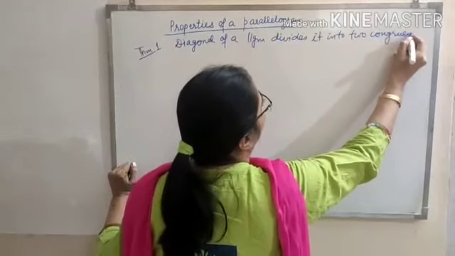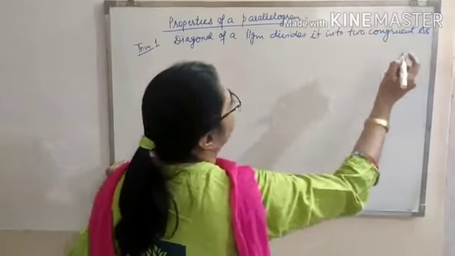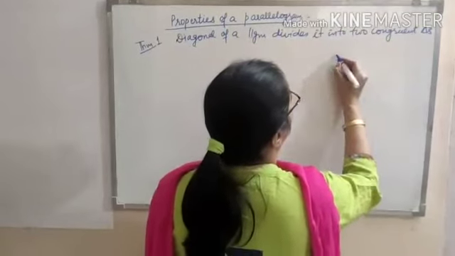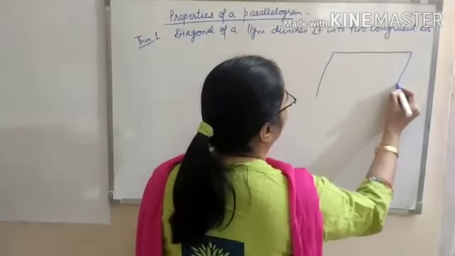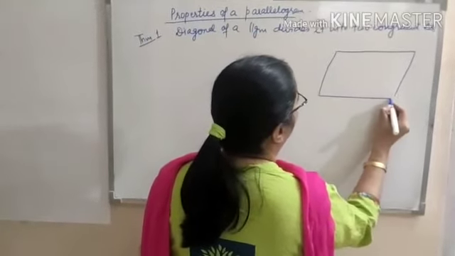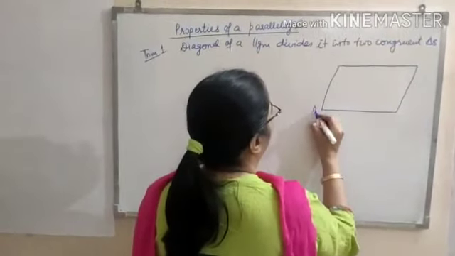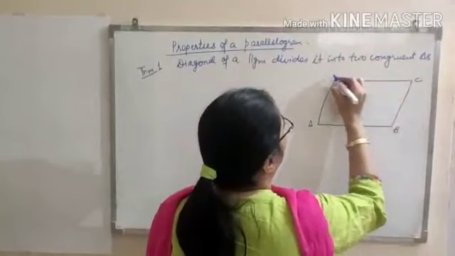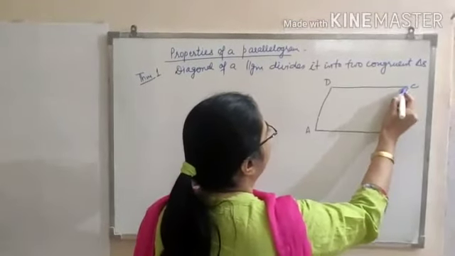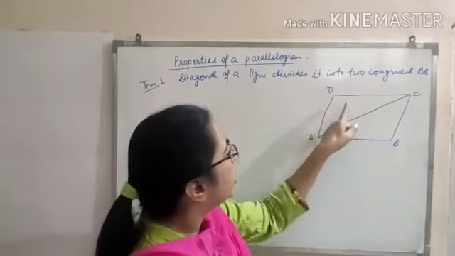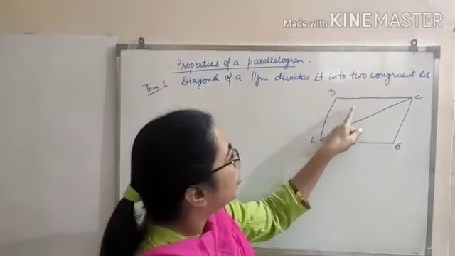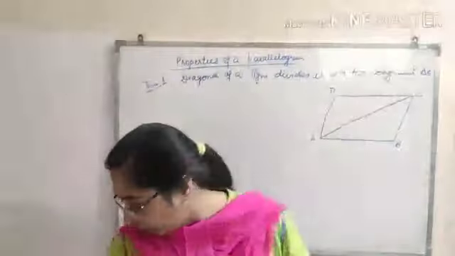Very important property and will be used in the questions also. You are given a parallelogram ABCD and this is the diagonal AC. You have to show that this diagonal AC divides it into two triangles which are congruent to each other.